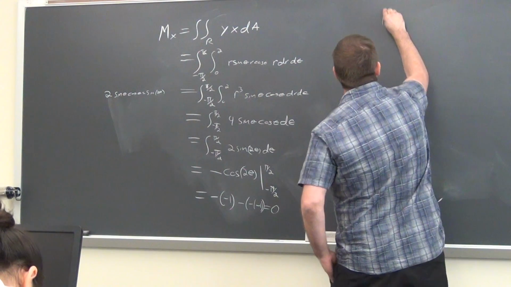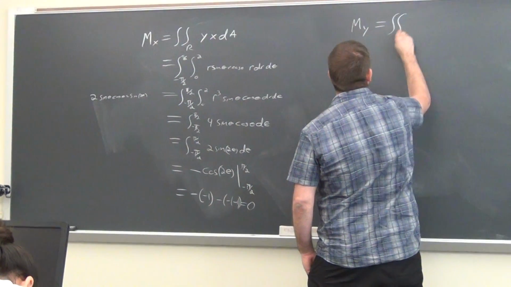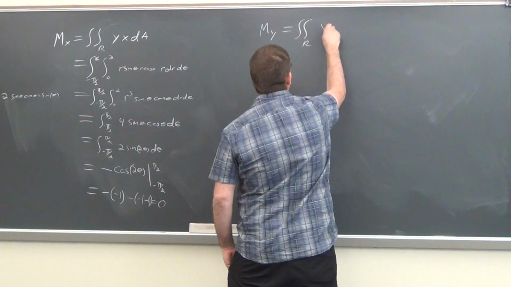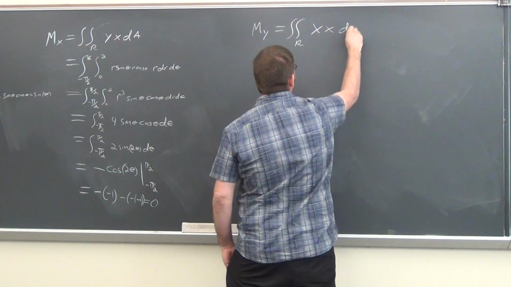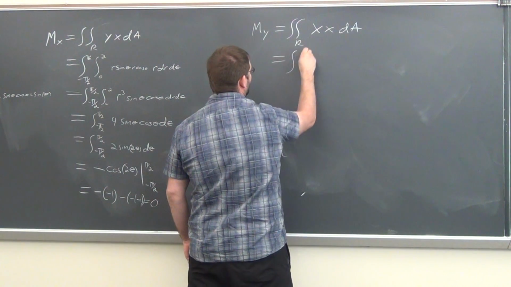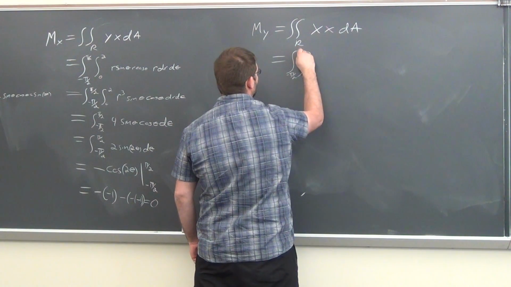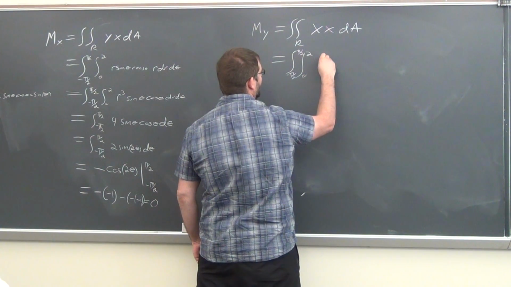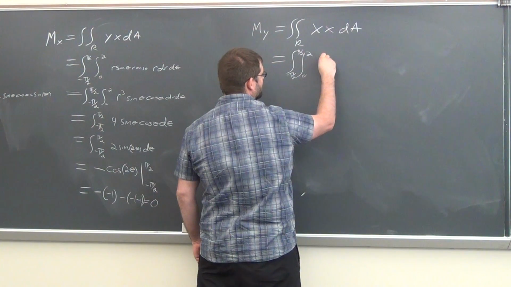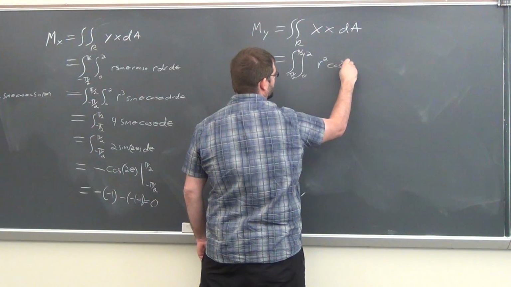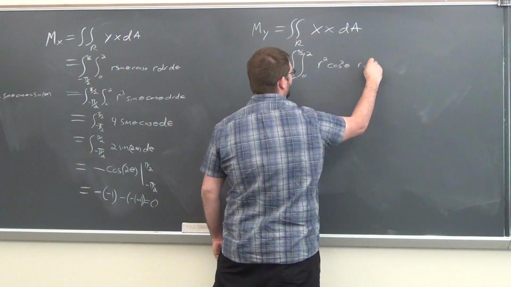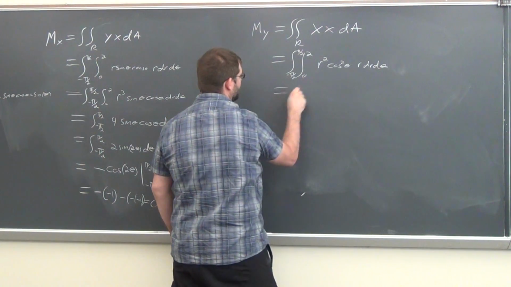And so that one will be x dA, and so you'll get, again, keep your same bounds. And then this will be what? X squared, so that's r squared cosine squared, r dr d theta.